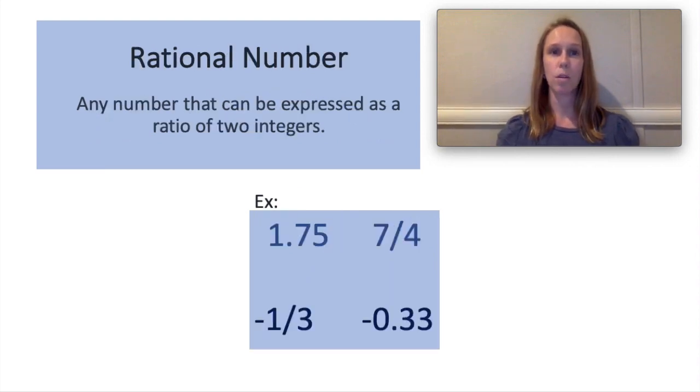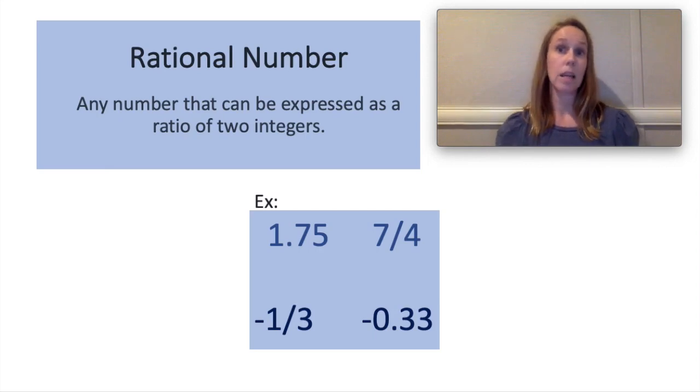The second thing we want to review is a rational number. A rational number is any number that can be expressed as a ratio of two integers. So some examples are 1.75, or 175/100, or 7/4, or they include the integers. So I could have a negative 1/3, or a negative 33/100, or 1/3 as 0.3 repeating, which makes that a rational number.